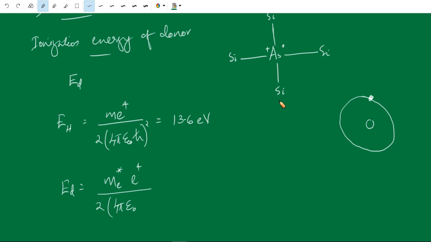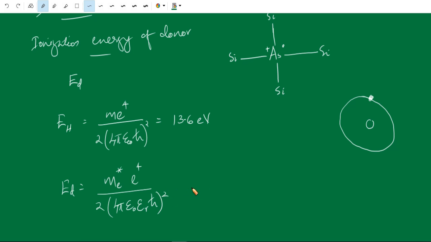In a hydrogen atom we consider epsilon 0 because the medium is vacuum, but the electron here is in a semiconductor, so we have to consider the relative permittivity, or the dielectric constant, so epsilon 0 epsilon r h cross whole square.